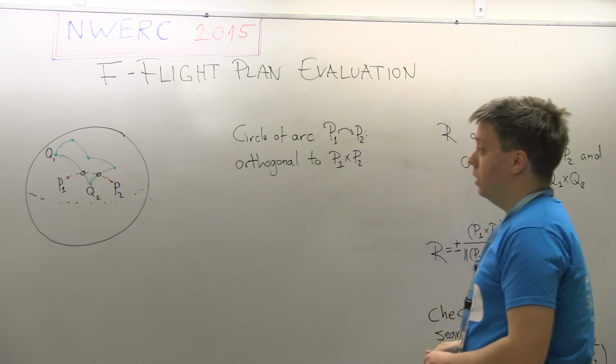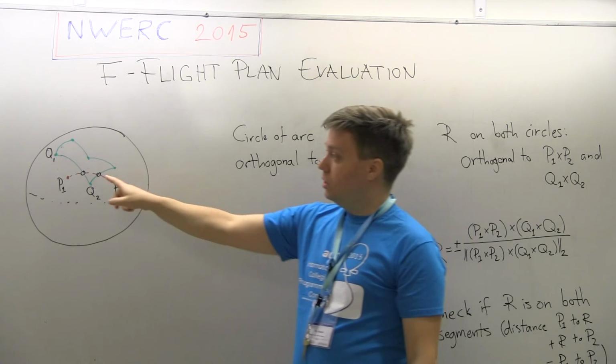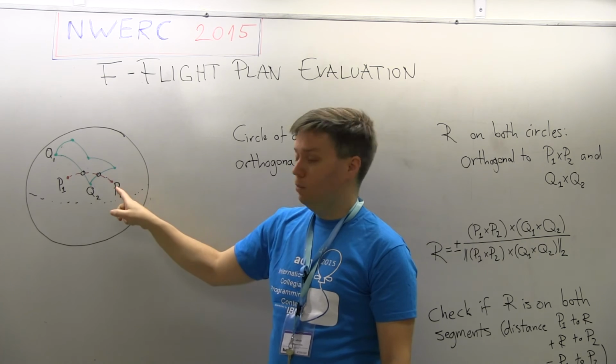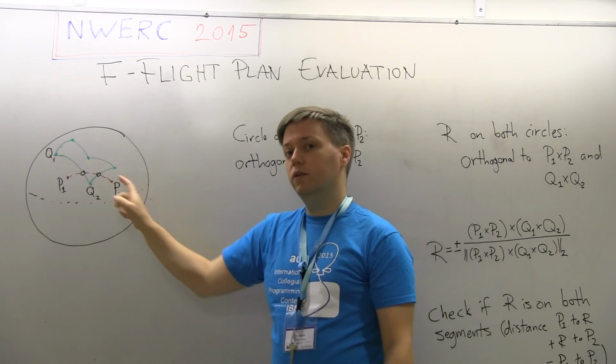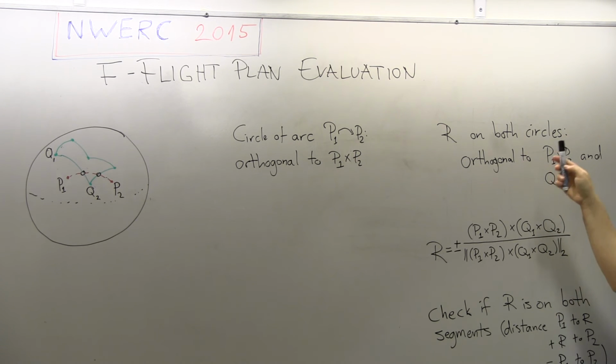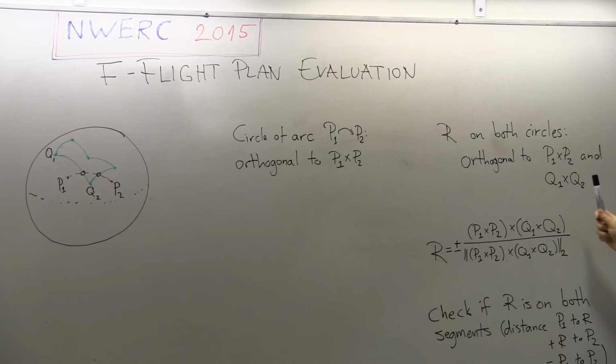So now we're interested in the points that are the intersection point. It should be on both great circles, the great circle defined by P1, P2, and the great circle defined by Q1, Q2. So in other words, the point R should be orthogonal to both P1 cross P2 and to Q1 cross Q2. But there are only two such points, and they are the cross product of these normals.